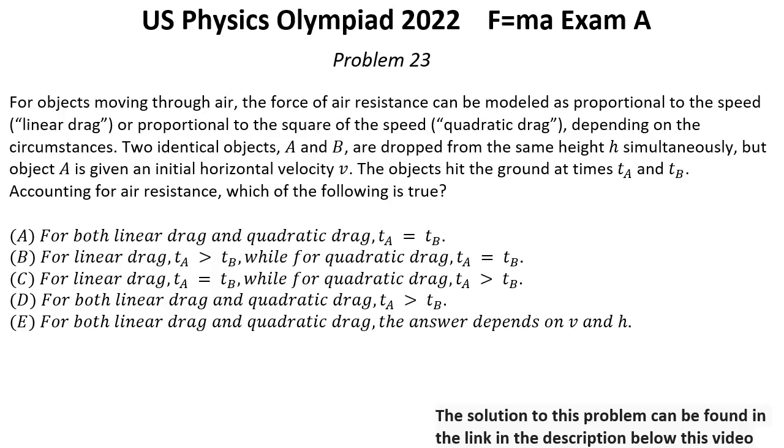Two identical objects A and B are dropped from the same height h simultaneously, but object A is given an initial horizontal velocity v. The objects hit the ground at times ta and tb. Accounting for air resistance, which of the following is true?